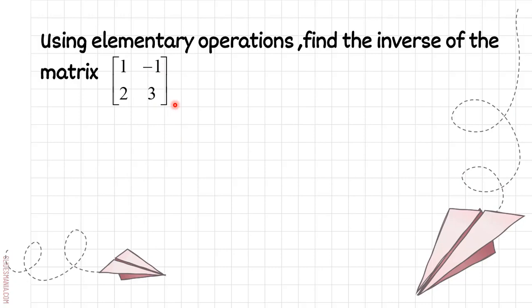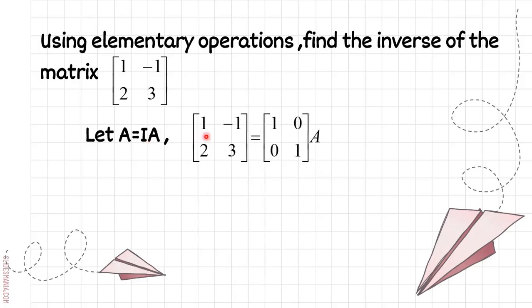First step, you will write this matrix A as I times A. Then this will be A is equal to I times A, where I is the unit matrix, the identity matrix of order 2. Now I can perform at most 4 elementary operations.